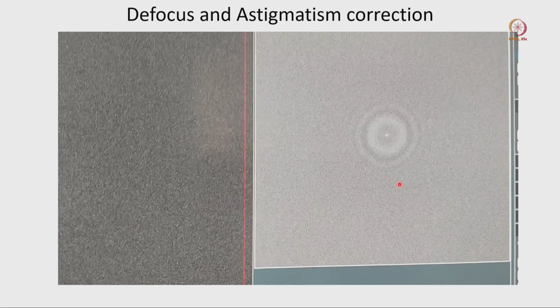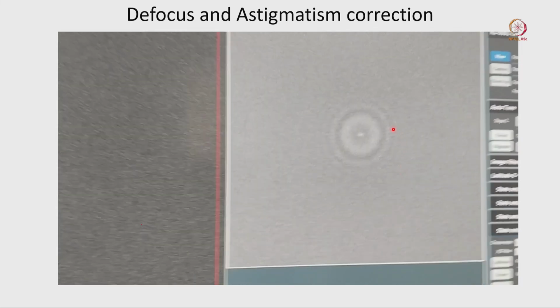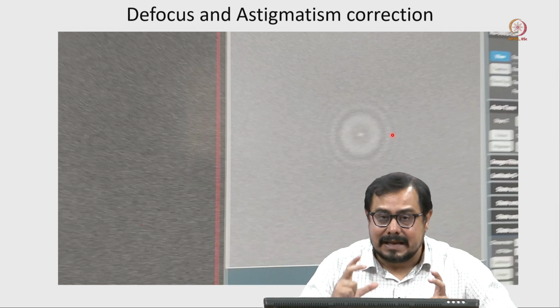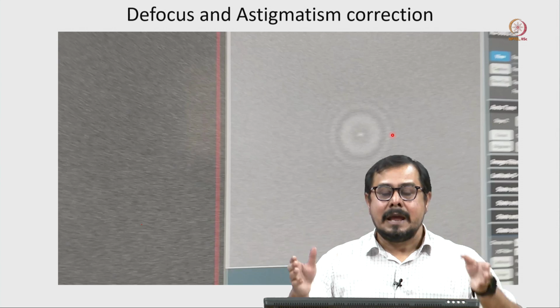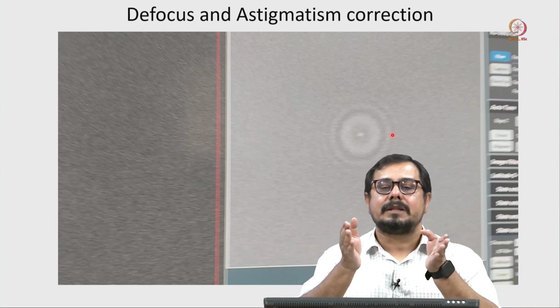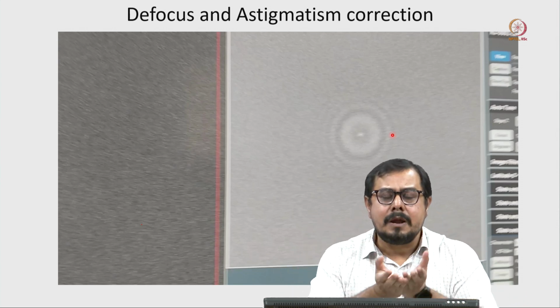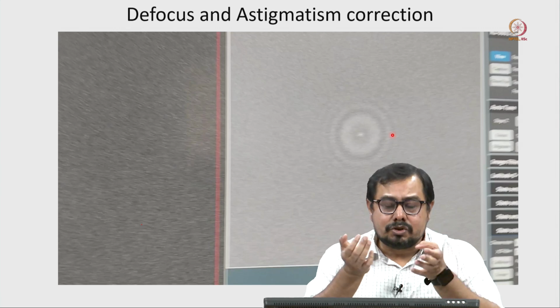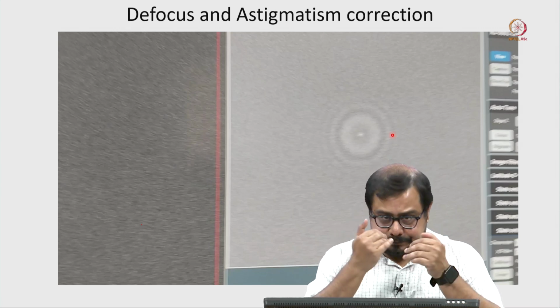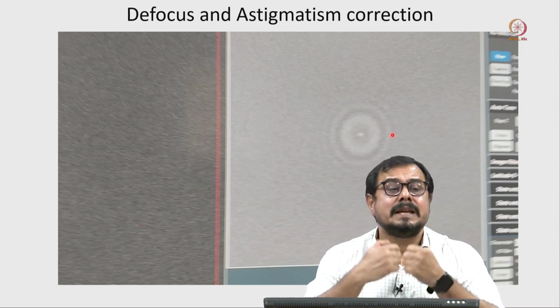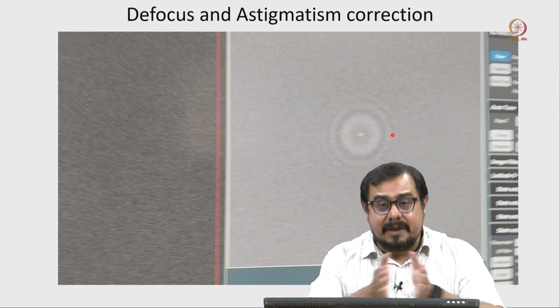Whenever we go to the microscope room, we will look at the power spectrum at low defocus value, because it will really help us see whether the beam is circular or elliptical. I forgot to tell you one thing: for the cryo-electron microscope or TEM study, most of the time we are using under focused images, and that is what we call a defocused image.